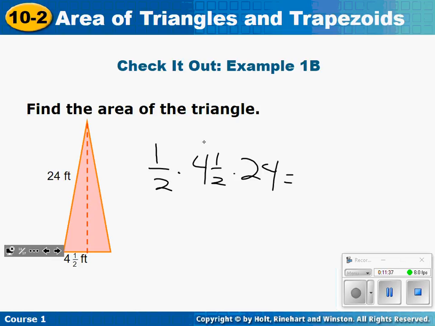That's one way to do it, except you didn't get it right. You didn't multiply it right. The answer is 54 square feet.